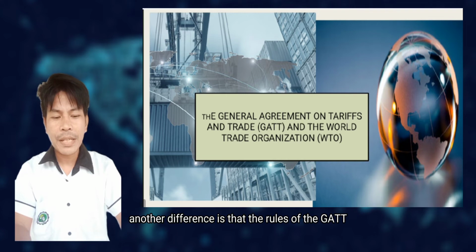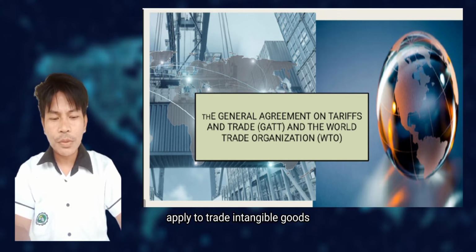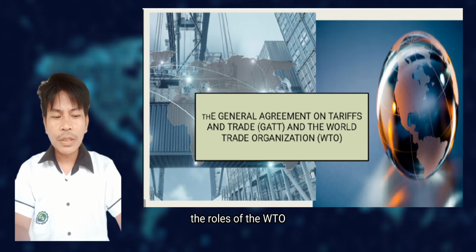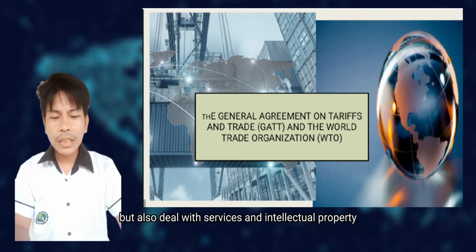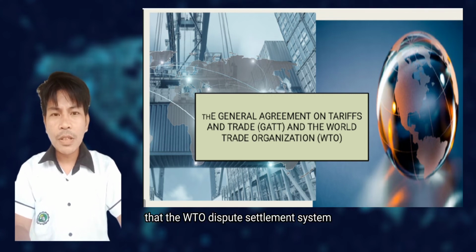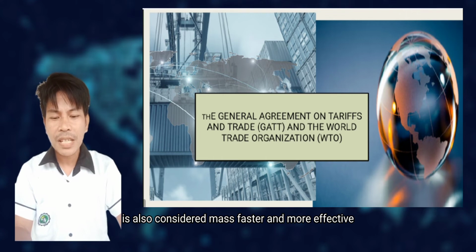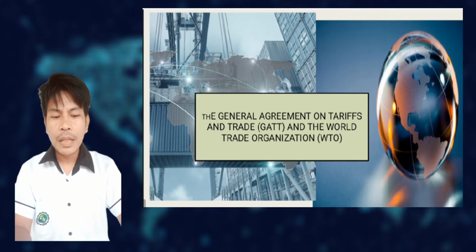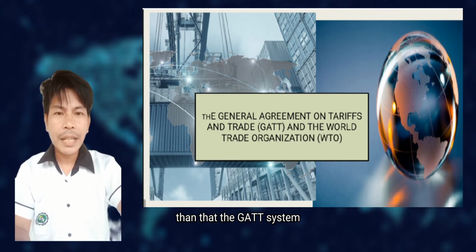Another difference is that the rules of the GATT apply to trade in tangible goods. The rules of the WTO also deal with services and intellectual property. The WTO dispute settlement system is also considered much faster and more effective than the GATT system.